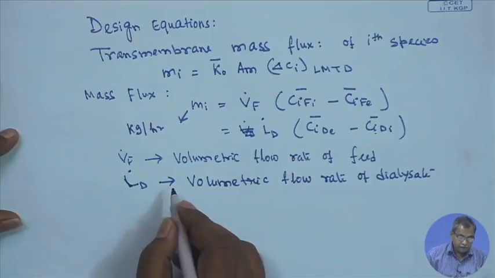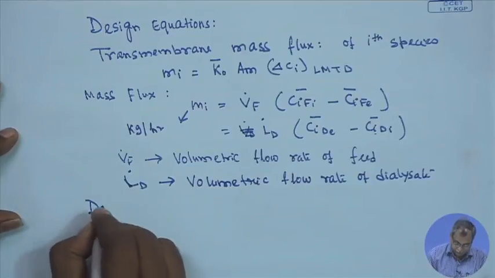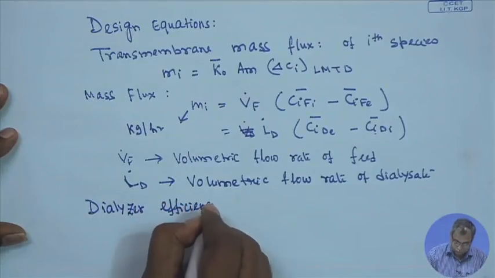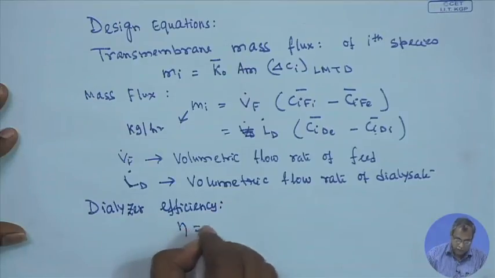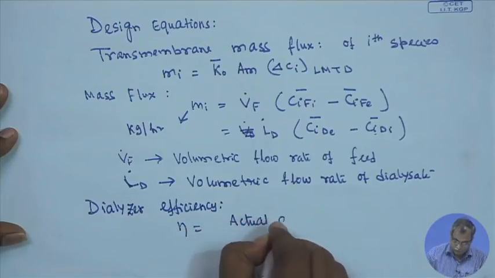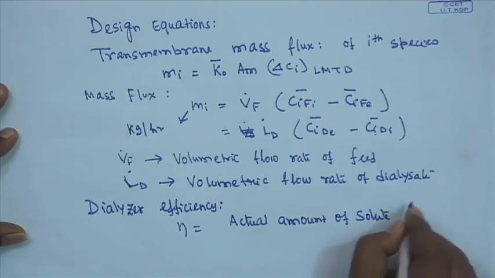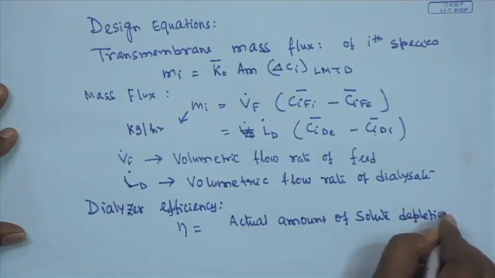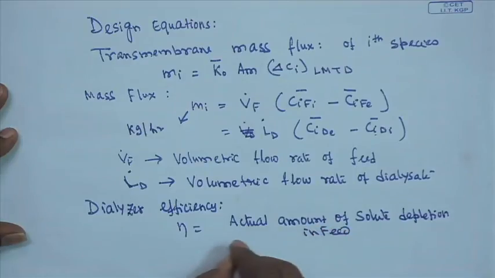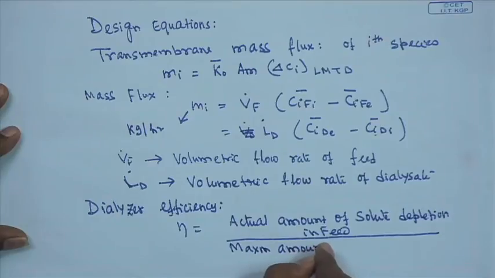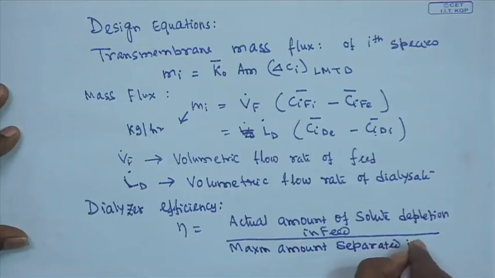So, next we define the dialyzer efficiency. Dialyzer efficiency is the actual amount of solute depletion in feed divided by the maximum amount separated in a dialyzer.